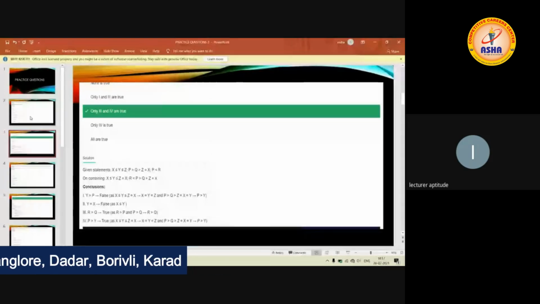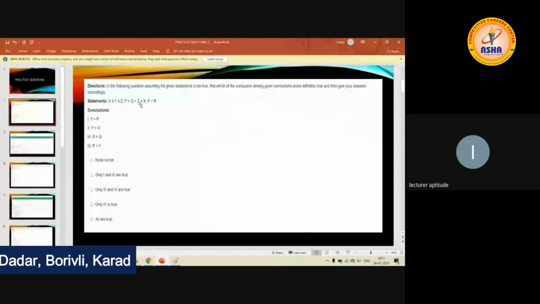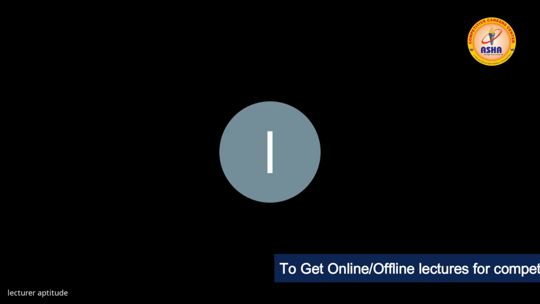You can see that p is greater than q greater than z equal to x. That is the statement given. So please look into that statement. You can write x equal to y also. Then you can compare the relation between p and y. P is greater than y. That is the correct relation between p and y.